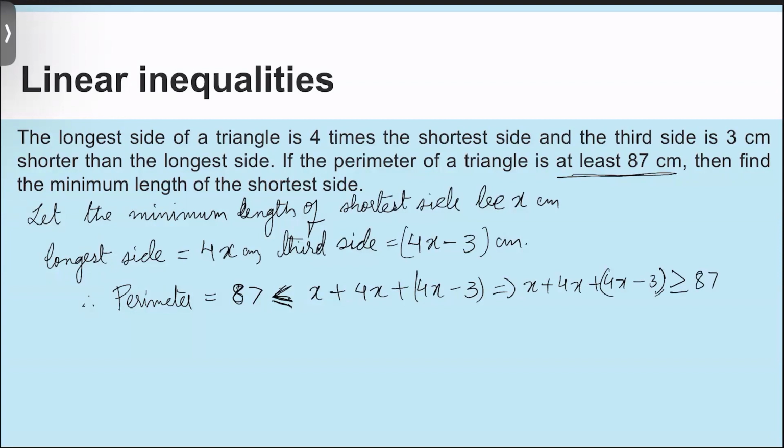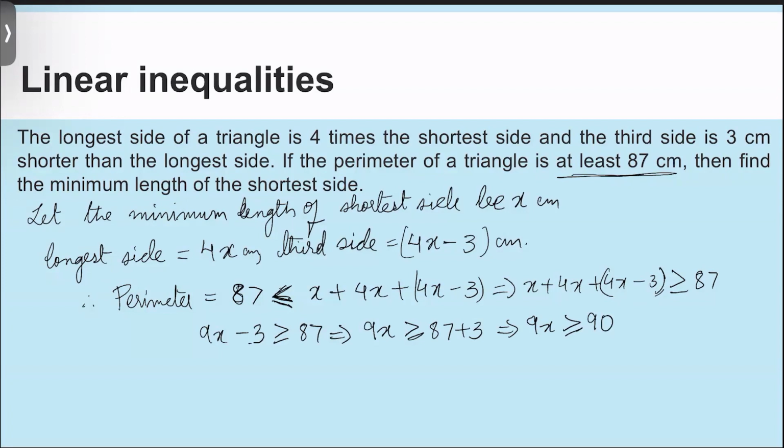Now let's simplify the LHS. So you get 9x minus 3 greater than or equal to 87. Now, to solve this, you can add 3 on both sides to get rid of the minus 3 on the LHS. So you have 9x greater than or equal to 87 plus 3, that is 9x is greater than or equal to 90.